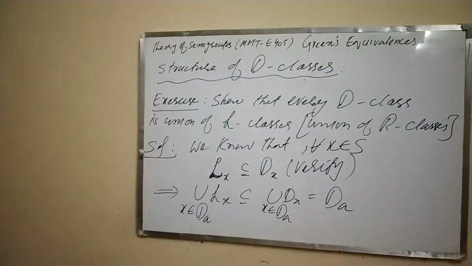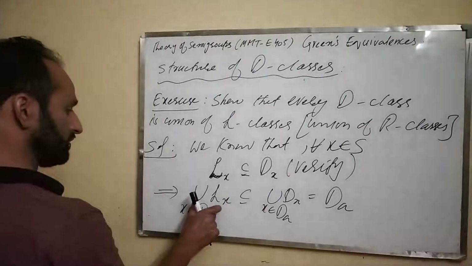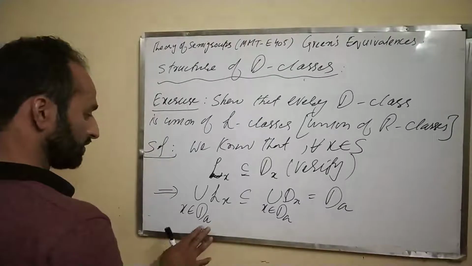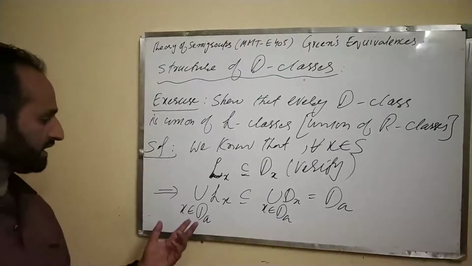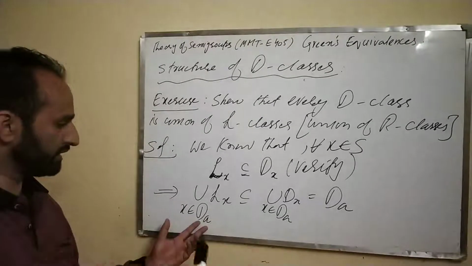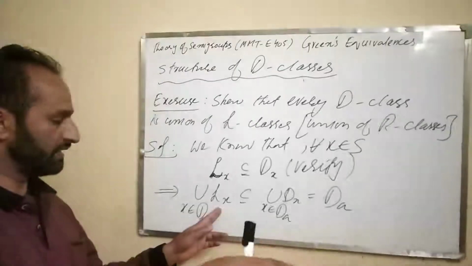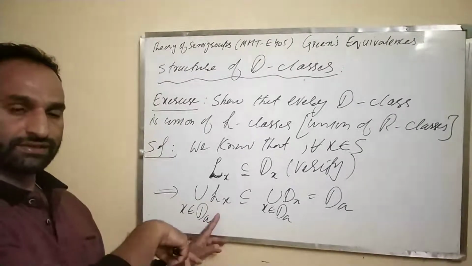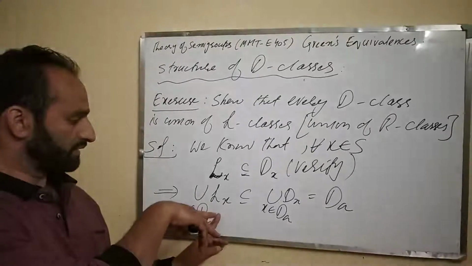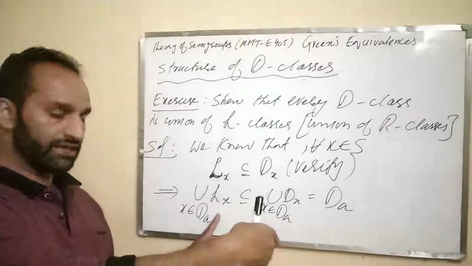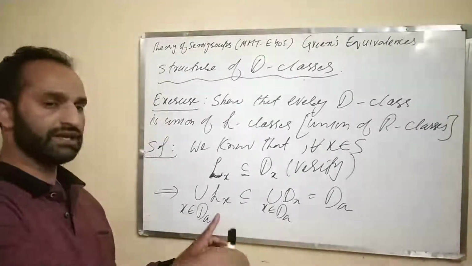And on this side, the union at least contains each element of D_a. Suppose we have three elements in D_a, say a1, a2, a3. Then it will be L_a1 union L_a2 union L_a3. L_a1 contains a1 because it's an equivalence class, L_a2 contains a2, L_a3 contains a3.